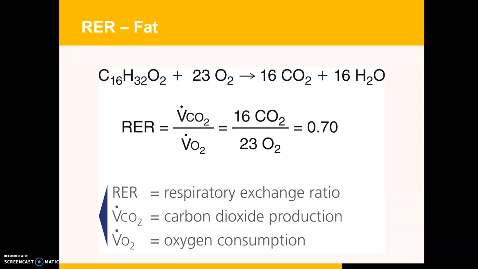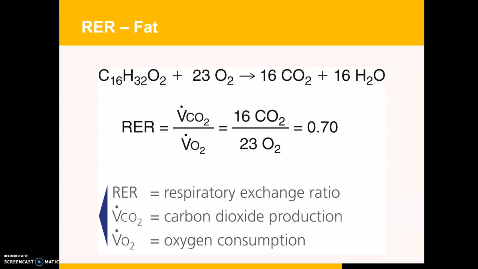Kalau kita tengok dari segi fatty acid pula, fatty acid chains such as palmitate, however, contain many more carbons. They have 16 carbons, but relatively little oxygen. So the complete oxidation of fat therefore requires significantly more oxygen to be consumed.